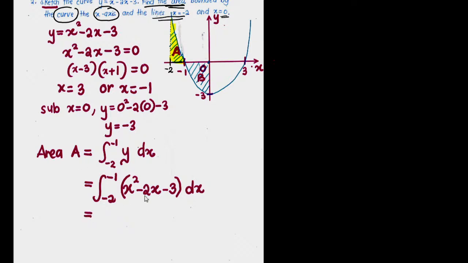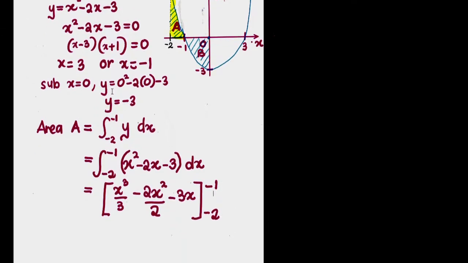Now we integrate. So x square will be x power 3 over 3 minus 2x square over 2 minus 3x. Close bracket. Don't forget the limits must write at the back, -2 to -1.